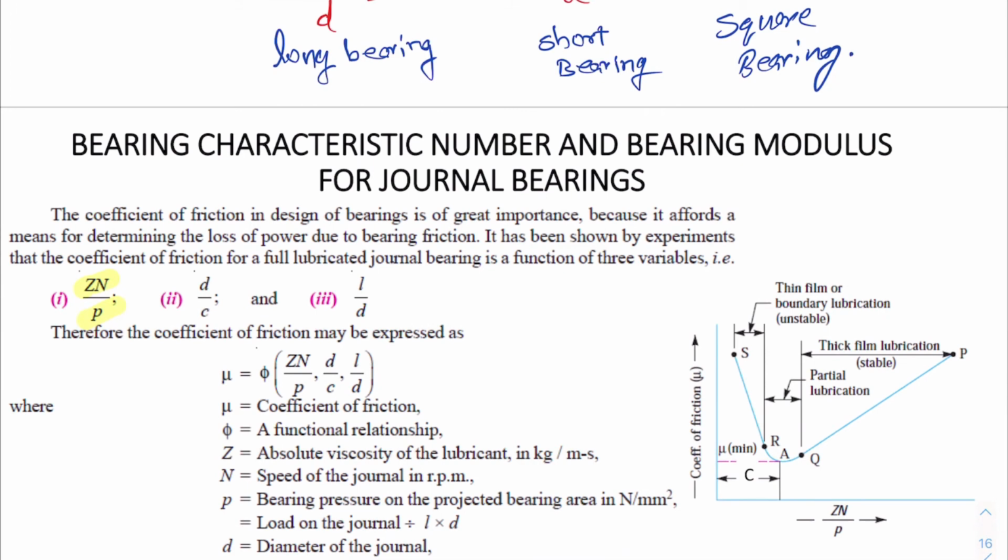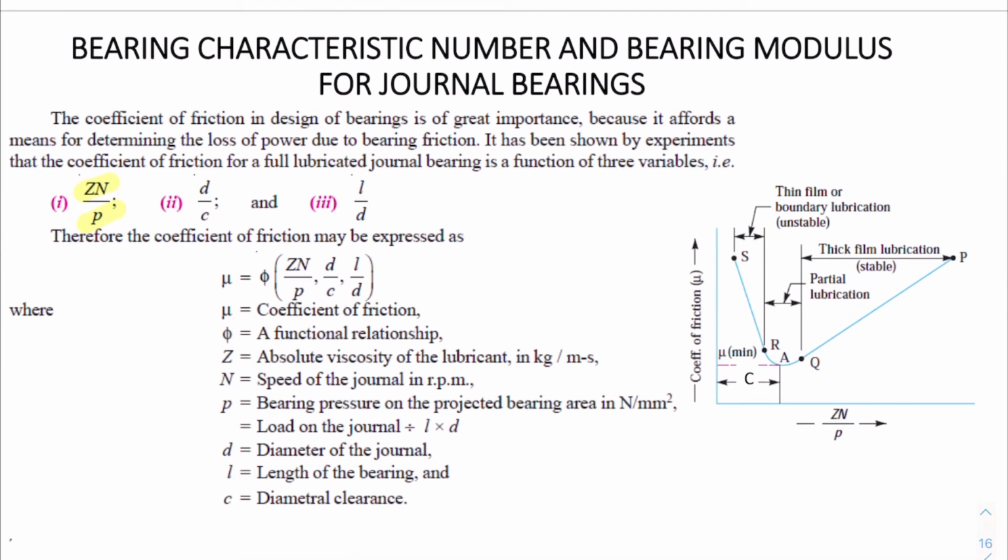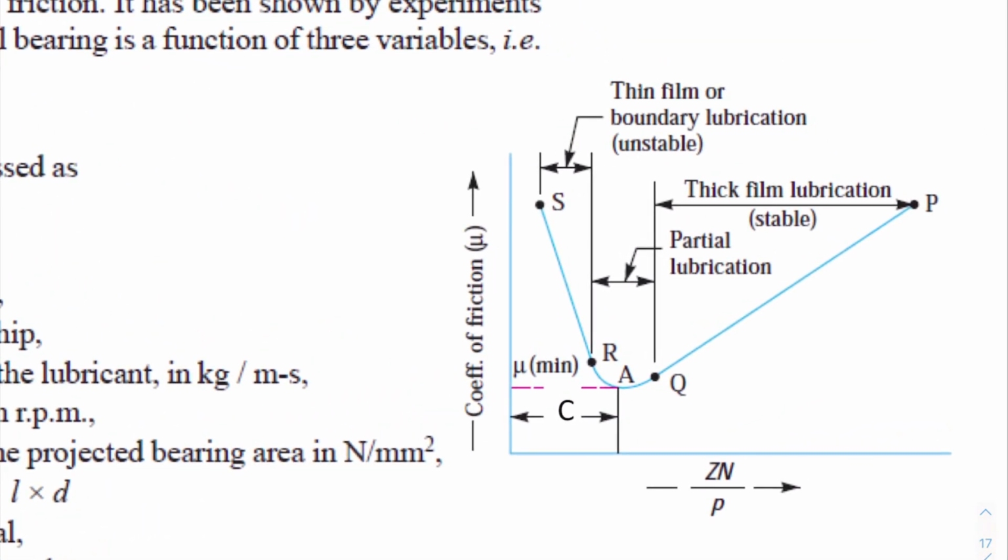So if we have this ratio, this is a magical number where you can find whether your journal can produce a frictionless dynamic situation or not. That will be evaluated through this investigation called McKee's brothers or McKee's investigation. And from here you can see there is a scenario where you find the minimum value for the coefficient of friction.